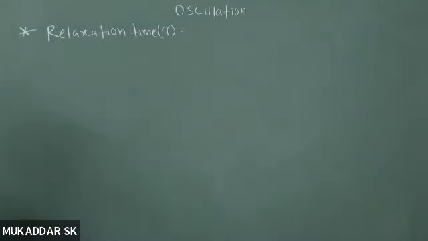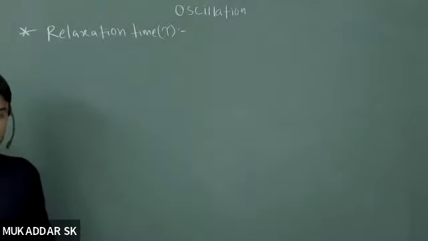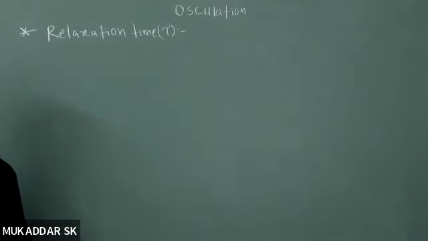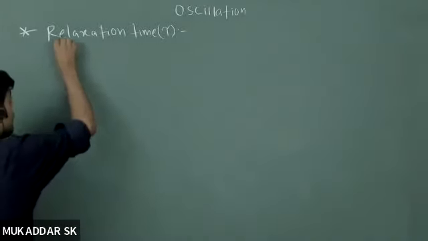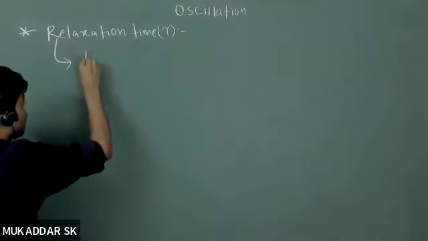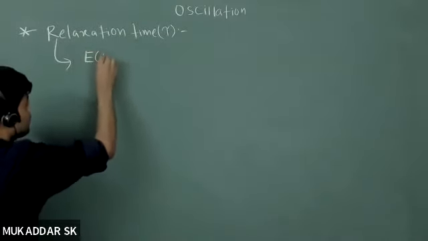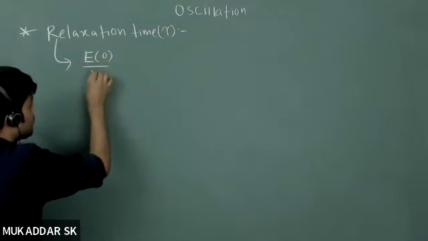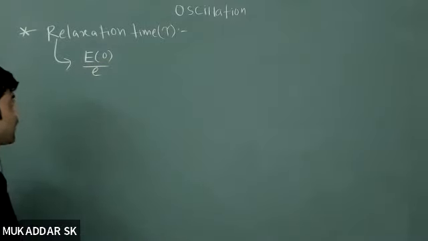Relaxation time is the time in which the energy stored in a damped oscillator reduces to 1/e times its initial value, which means at this time the energy will become E naught by e.